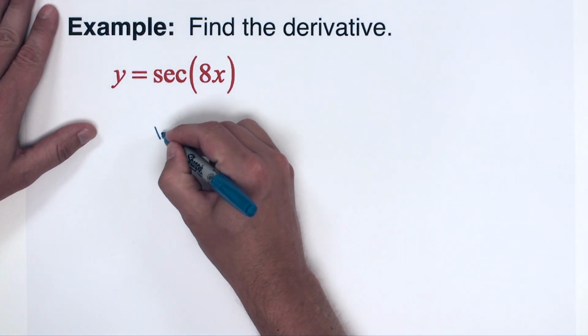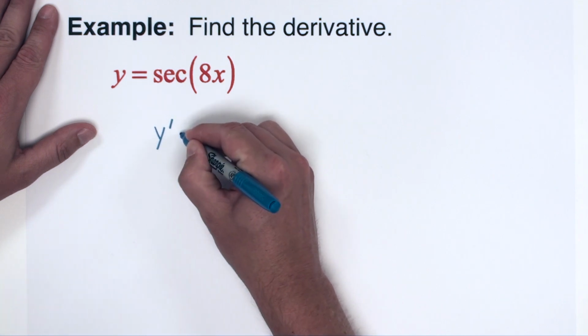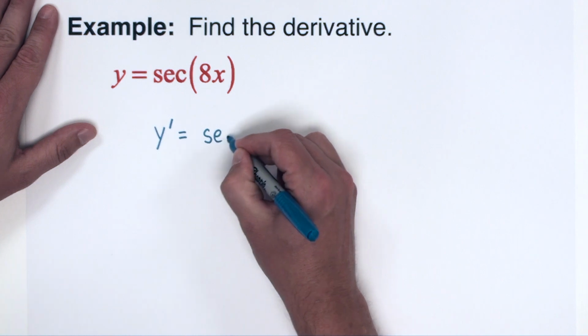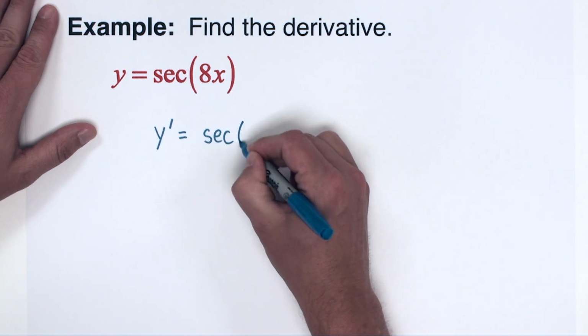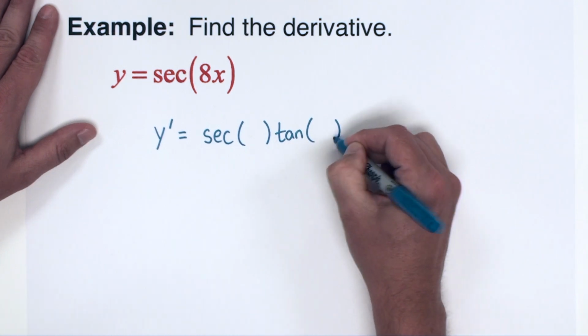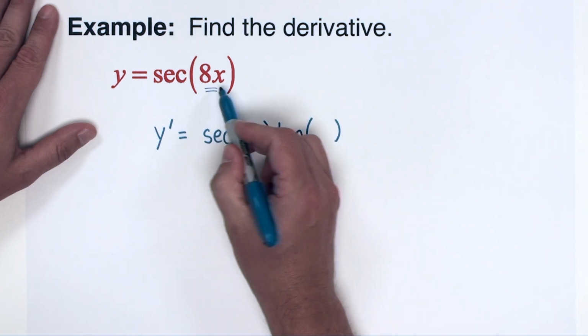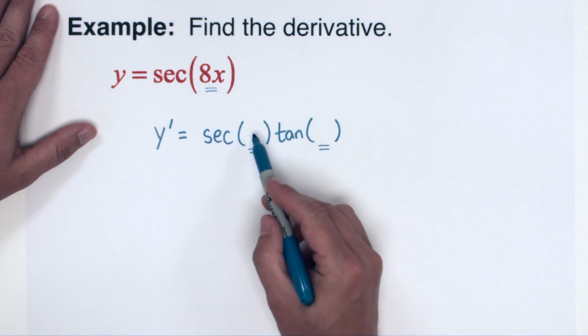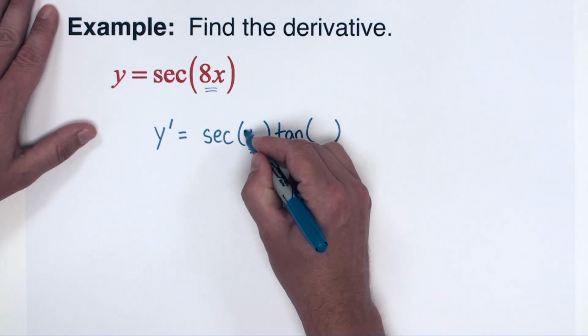Let's go ahead and start this. The derivative of secant is secant tangent. All right, we're going to have both of those. Now, whatever is on the inside needs to make sure it stays on the inside. So this 8x actually gets placed into both of these.